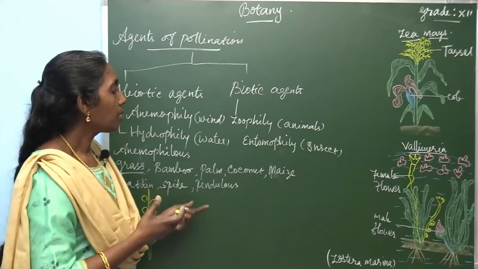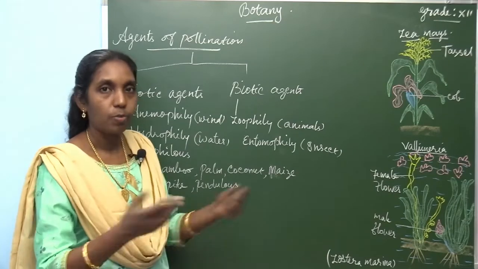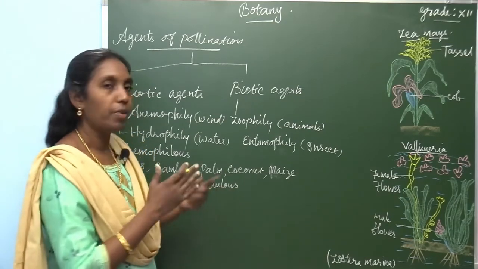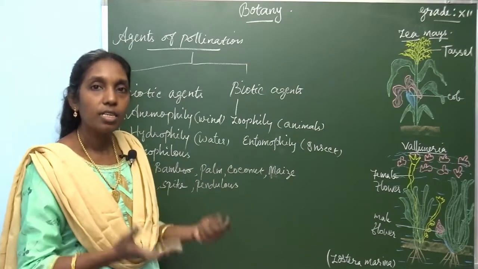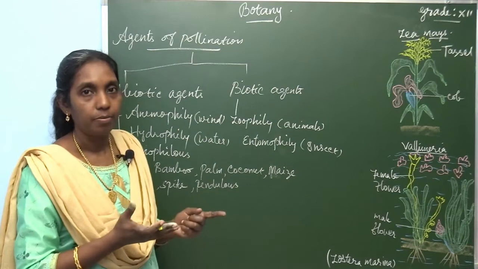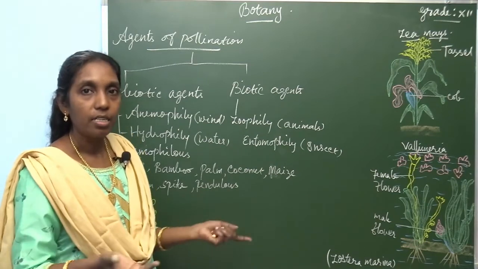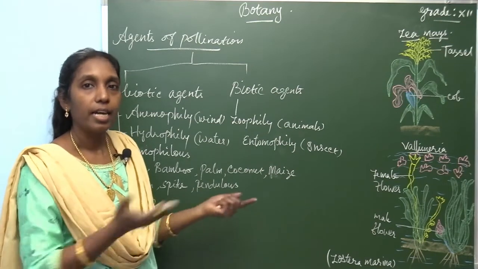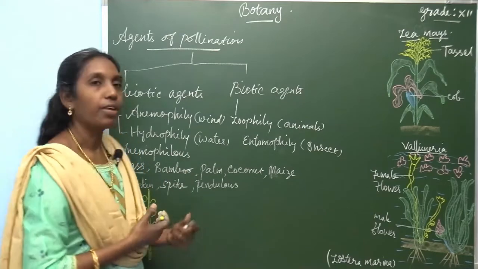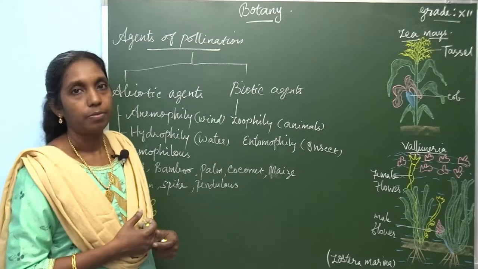So certain flowers spread the pollen grains within the breeze or the wind, and certain flowers burst open violently and liberate the pollen grains, which are easily carried through wind to bring about effective pollination.